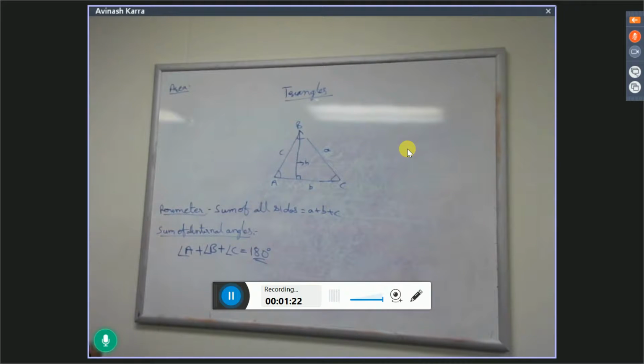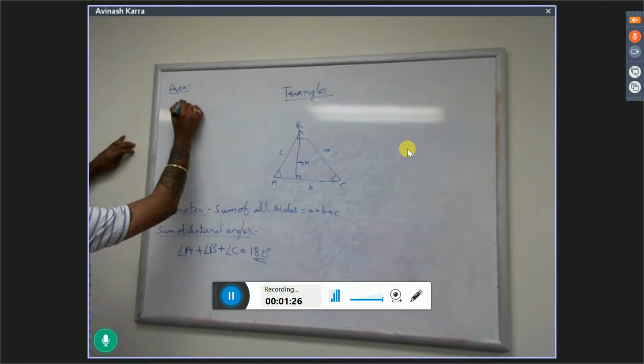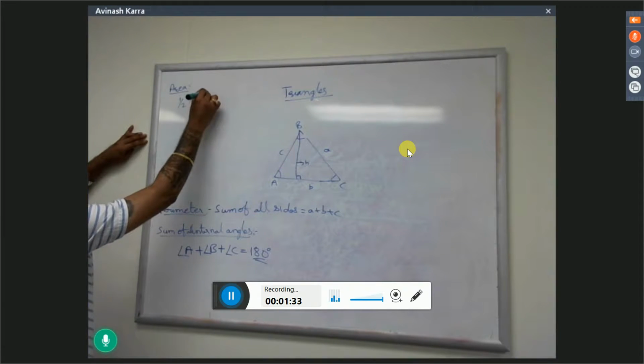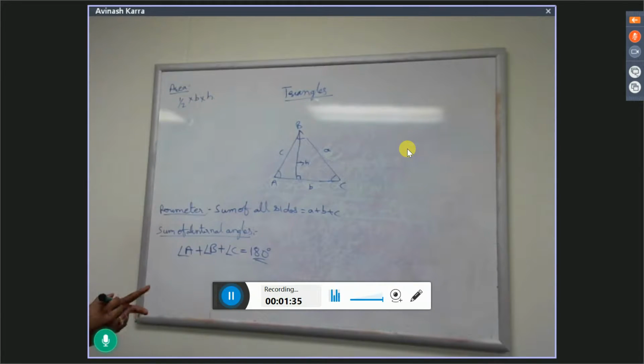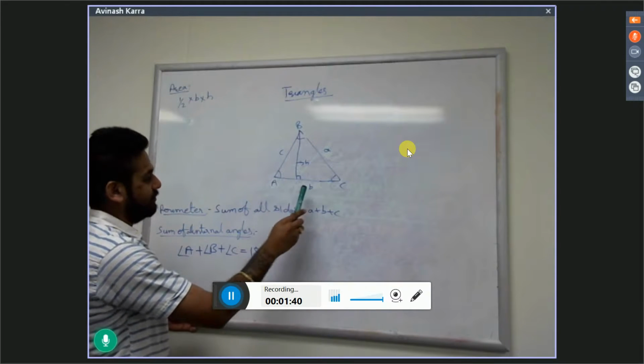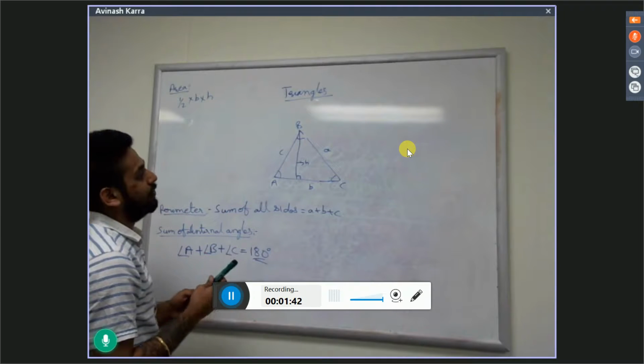And next, coming to the area of the triangle. There are two formulas. One is half into base into height. In this triangle, what is the base? Let me consider AC as the base. And what will be the height?